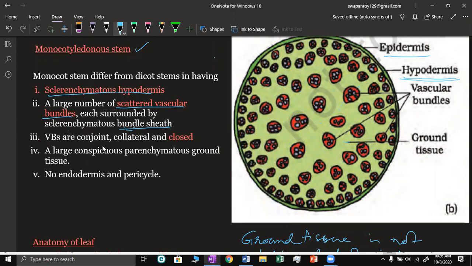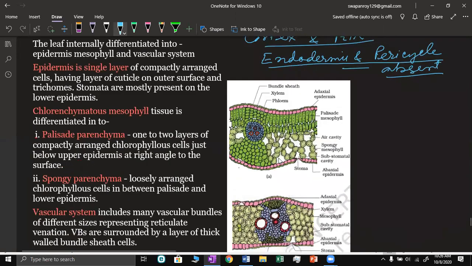Vascular bundles are conjoint, collateral, and mainly open, and parenchymatous ground tissue is there, with no endodermis and pericycle. This is the important point to remember.